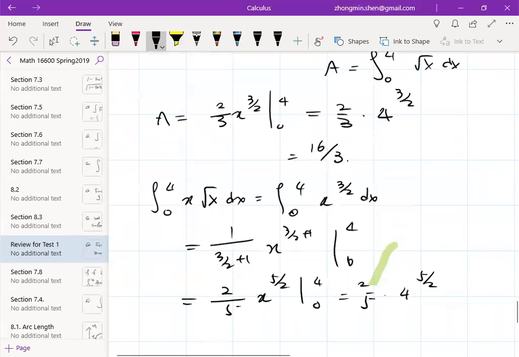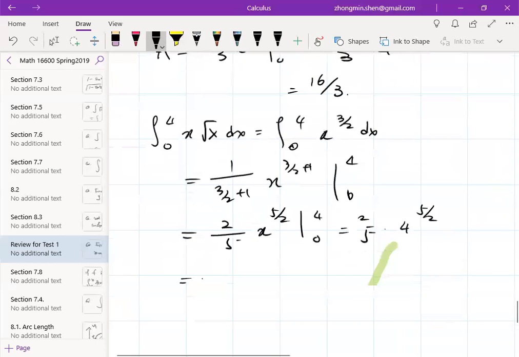I will get 4 is 2 squared, so that's 2 squared to the 5th, so 2 to the 5th here. So that will be 2 to the 6 over 5. Maybe it's better expressed in this way.